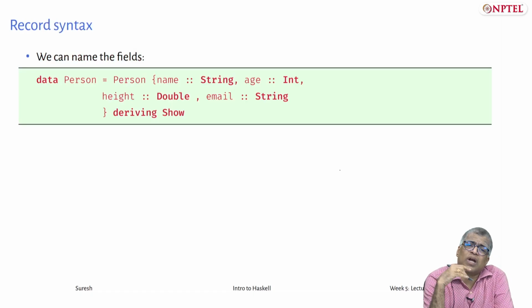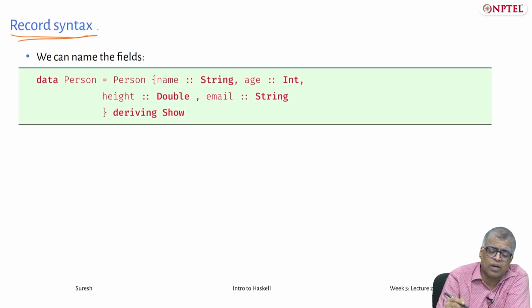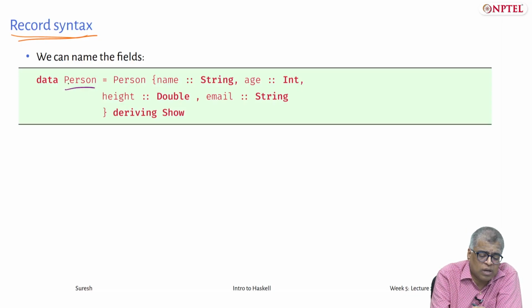So there is an alternative syntax when you have such a situation, and you can use what is called record syntax. What you do is you can name the fields as you define the type. You can say data person. Once again, this is the type, and this is the value constructor.